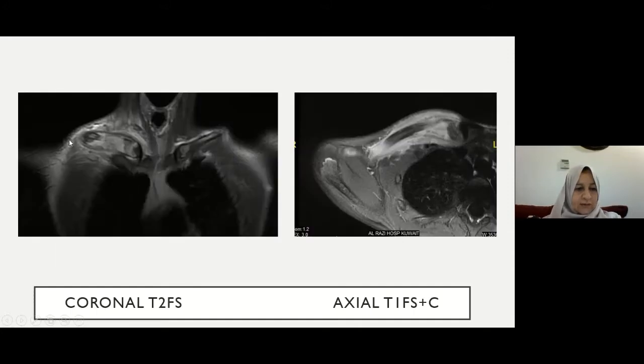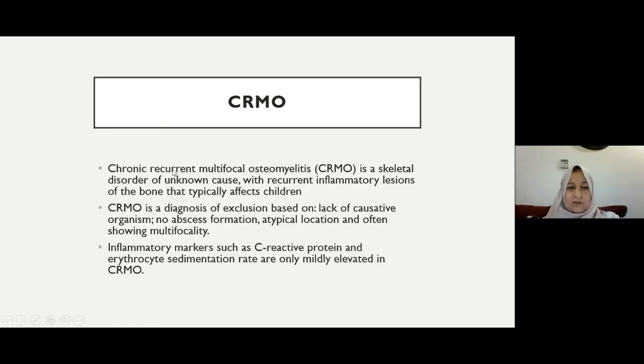In her coronal STIR, there is high signal within and surrounding the clavicle. In this axial post-contrast T1 fat-sat, there is no collection. There is enhancement of the lesion and surrounding the lesion. Since there is no collection, there is no surgery and also no biopsy, because this is the very typical appearance of what's called chronic recurrent multifocal osteomyelitis.